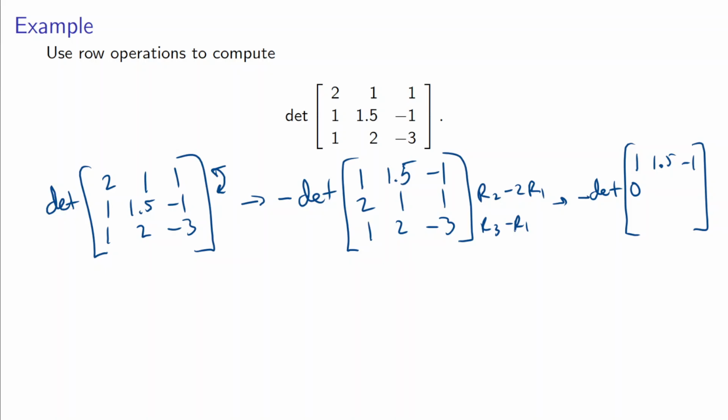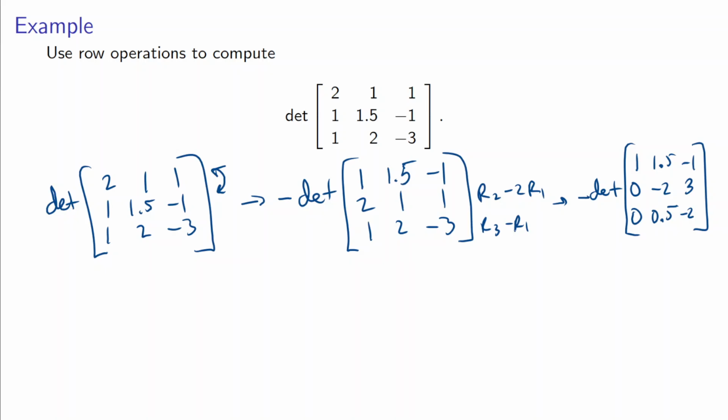This is going to be 1 minus 3, so that's a -2, and then 1 minus 2 times -1, so that's 1 plus 2, so that's a 3. And then 1 minus 1 is 0. And then we'll have a 2 minus 1.5, so that's a 0.5, and then a -3 minus 1 times -1, so that's a -2.